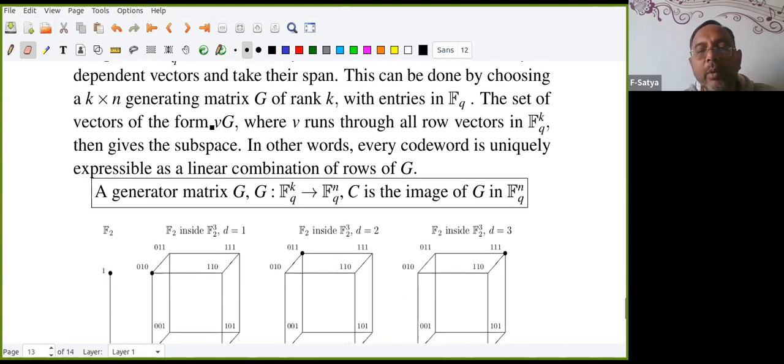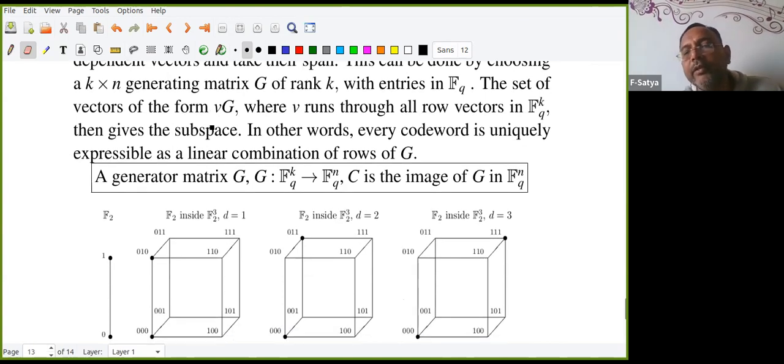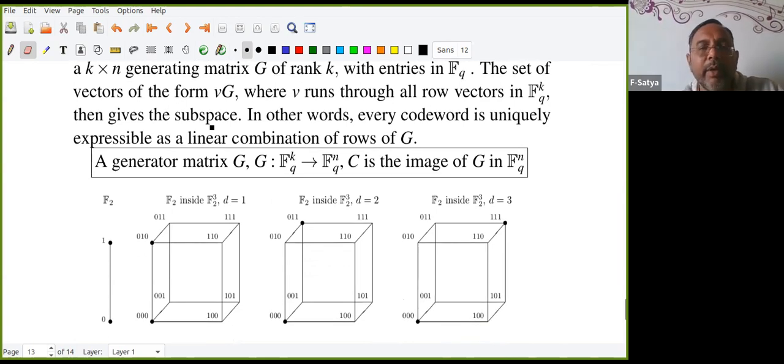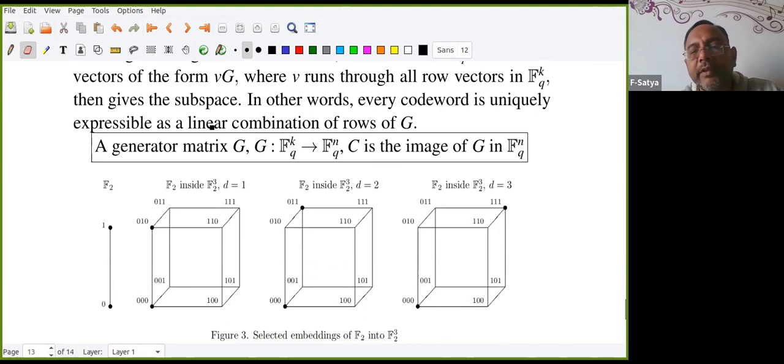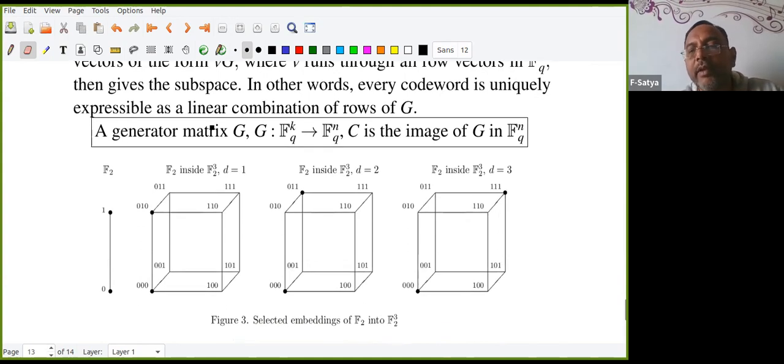The code is exactly the set of code words vG, where v runs over all the vectors in F_q^k. I discussed this earlier, and I will explain one more time. This gives the subspace. In other words, every code word is uniquely expressed as a linear combination of rows of G.